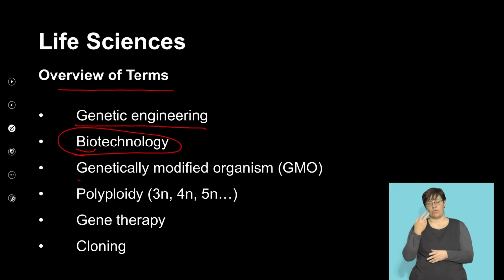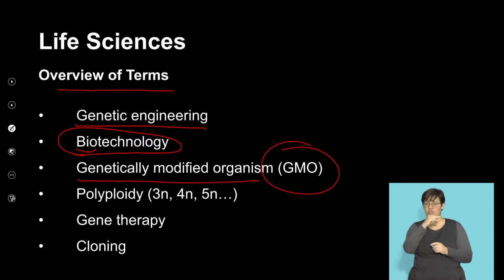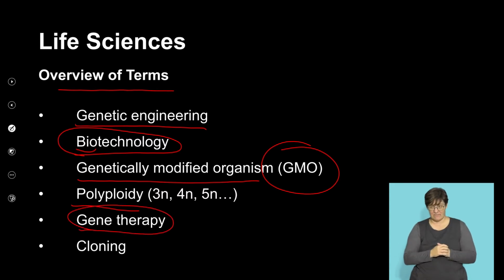We got to know what genetically modified organisms are and the concept of GMOs, the concept of polyploidy and how organisms have multiple sets of chromosomes as a result of genetic engineering processes. The idea of using genes to treat certain conditions we refer to as gene therapy.